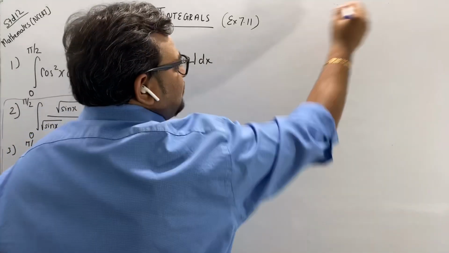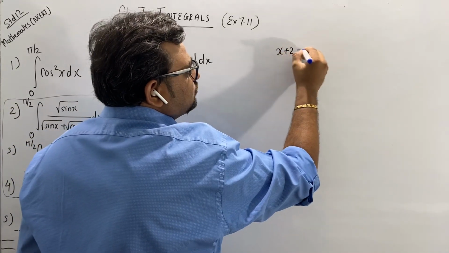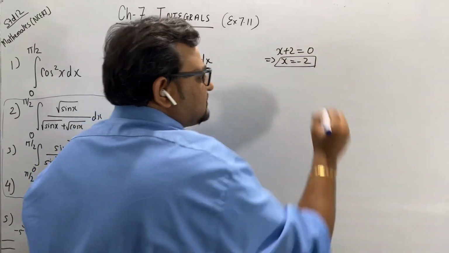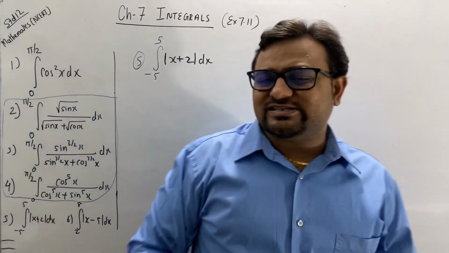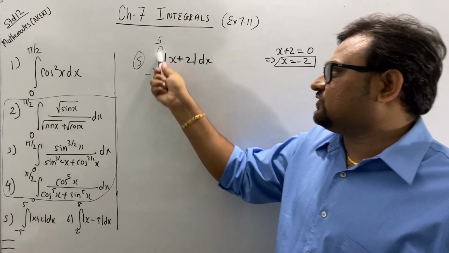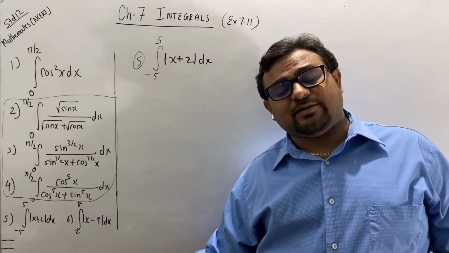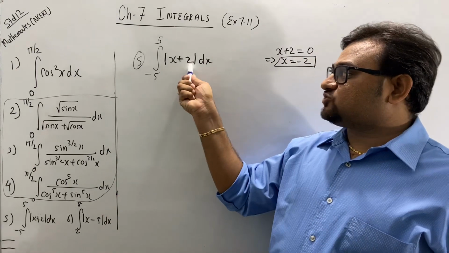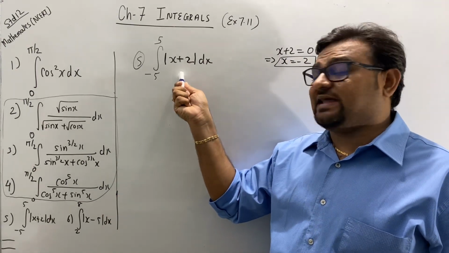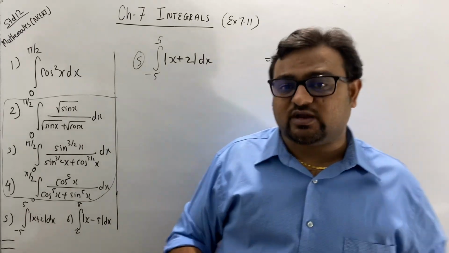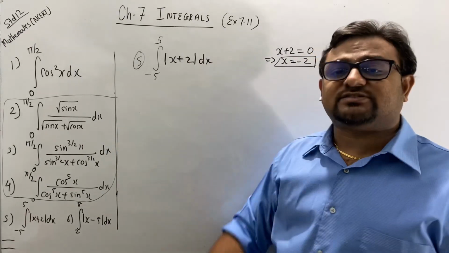Okay, see what I do, I take x plus 2 equal to 0. That implies x is equal to minus 2. So when x is equal to minus 2, this modulus function will be equal to 0. If it is less than minus 2, let's take the number minus 3. Minus 3 plus 2 will be minus 1. So this will be negative. And if I take greater than minus 2, let's take minus 1. Minus 1 plus 2, it's plus 1.